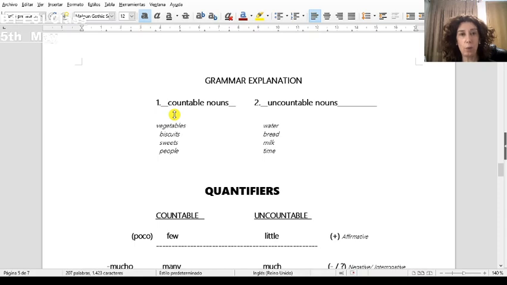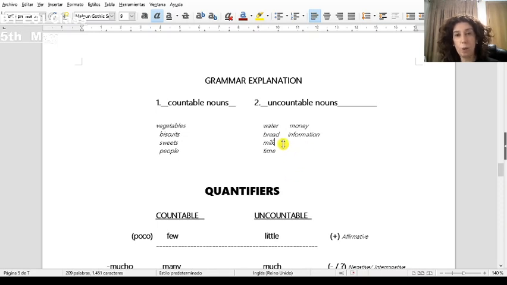We have to distinguish, tenemos que distinguir que son contables, countable nouns, tienen singular y plural, one vegetable, two vegetables, one biscuit, two biscuits, one sweet, two sweets, one person, two people, or uncountable nouns, incontables, nunca llevan ese. Water, bread, milk, time, money, information, rice.